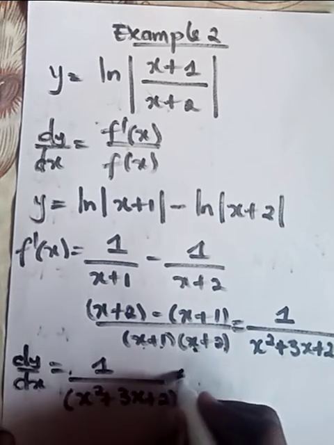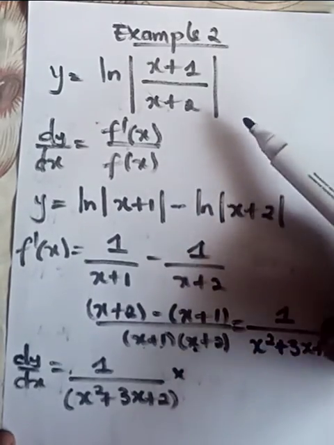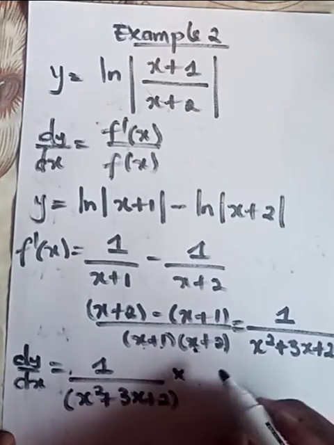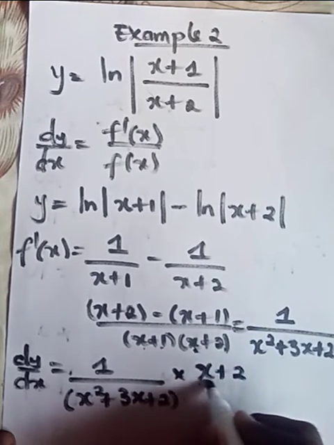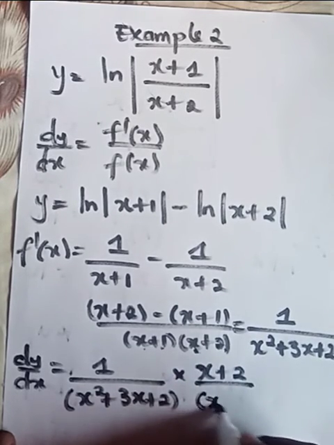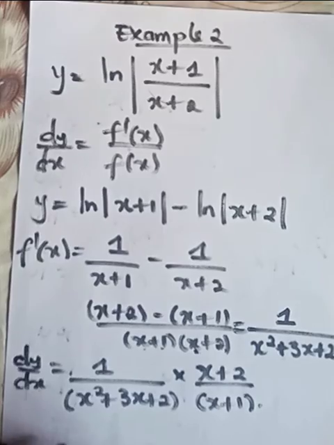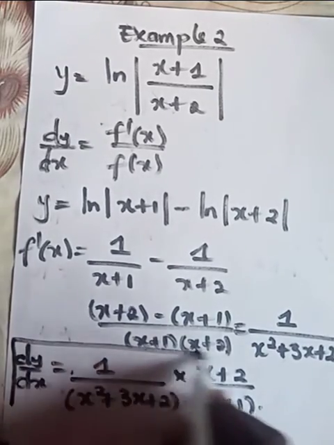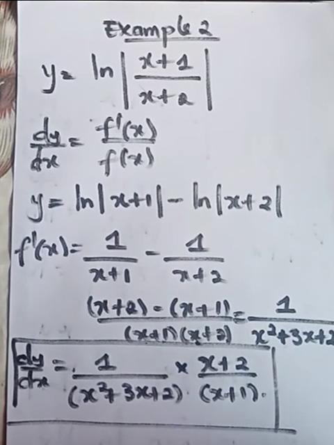Now, because it tells me dividing, to bring it to multiplication I have to invert these, therefore it's going to be x plus 2 all that on x plus 1. Simple. And that is that, which I can still do as such, box it. You can still try to make it smaller, but I'll end there because it can still be left as such.